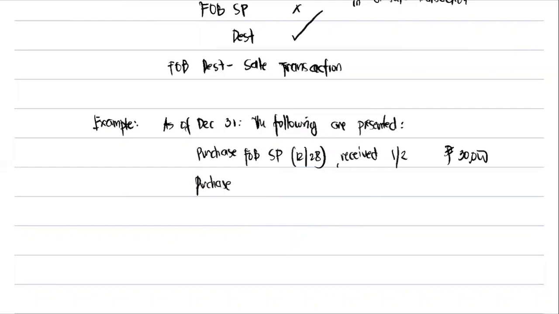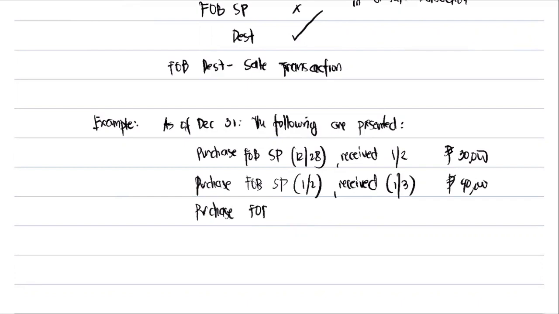Purchase, FOB shipping point, January 2, received January 3, P40,000. Purchase, FOB destination, December 27, received December 30, P30,000.